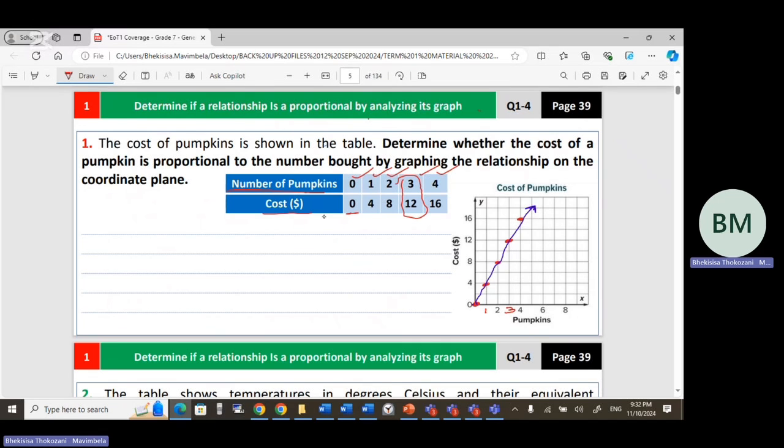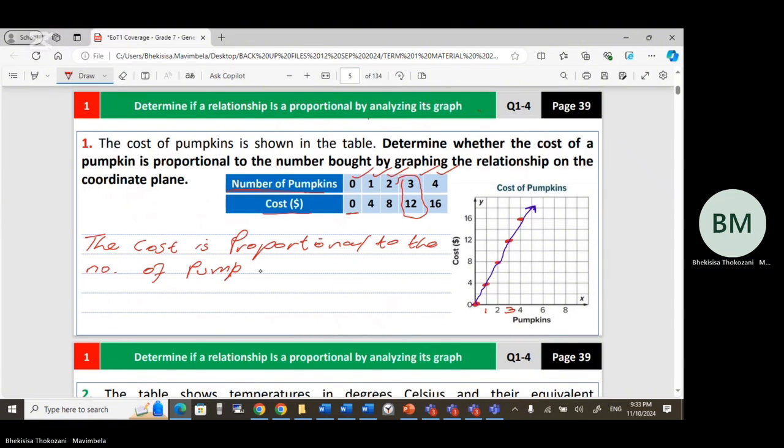Or rather, we can say now the cost is proportional to the number of pumpkins, because that's what they're talking about here.